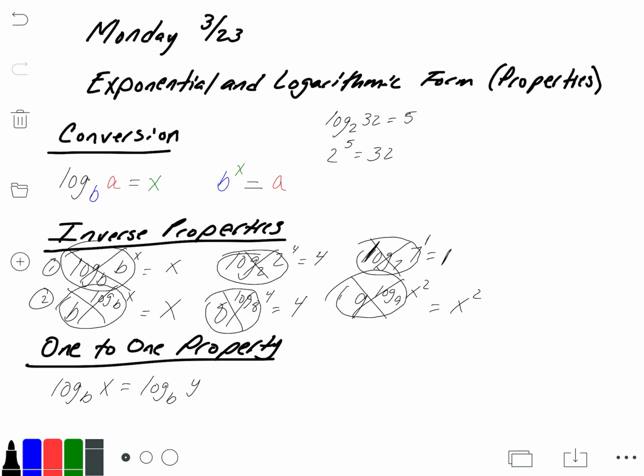But all you need to know here is that in this case, x equals y, because they're identical on both sides. So for instance, if log base 7 of x is equal to log base 7 of y, for x and y to be equal, which they are here, the log base 7s would be the same. Whatever number you're putting in there, if it's going to be equal, it's going to be the same number. So this one-to-one property goes without saying that x equals y.